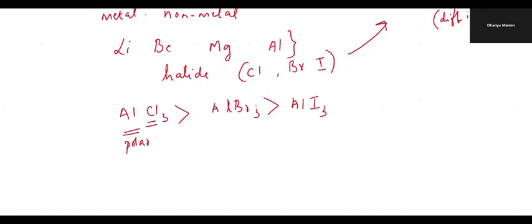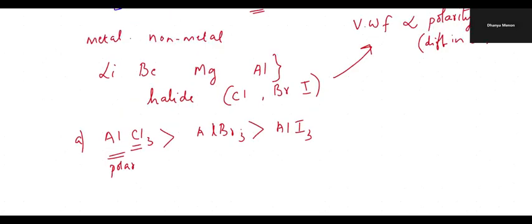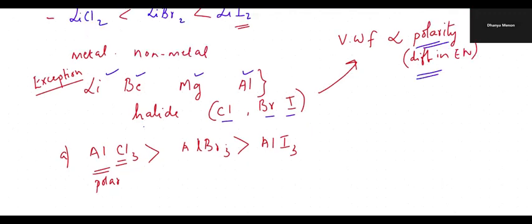So this is an exceptional condition where you need to check the halides, meaning chloride, bromide, and iodides of lithium, beryllium, magnesium, and aluminum, exclusively these metals. So in that case, what do you check? The polarity, the difference in electronegativity, which halide is more electronegative.